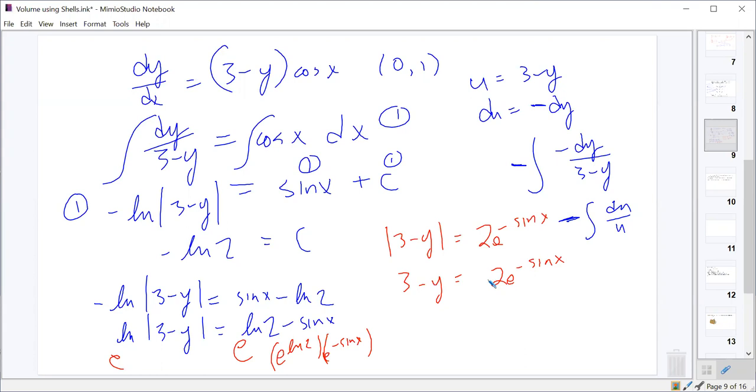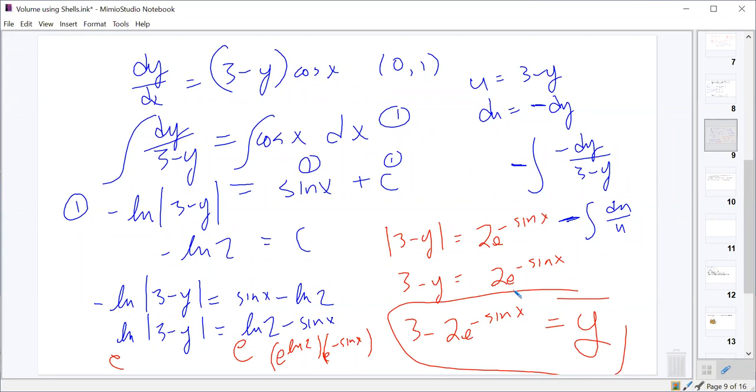Does that make sense, everyone? All right. And then we'll just add y to the right and then subtract the 2e to the negative sine x. So we got 3 minus 2e to the negative sine x equals y. Good or no?